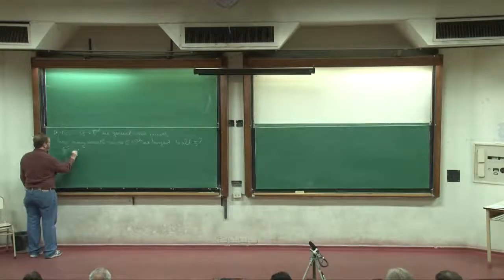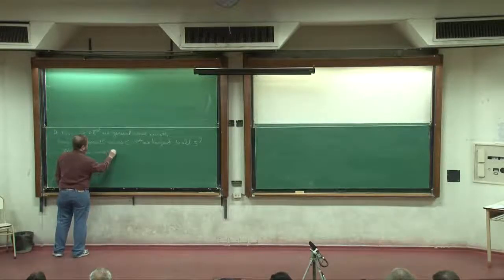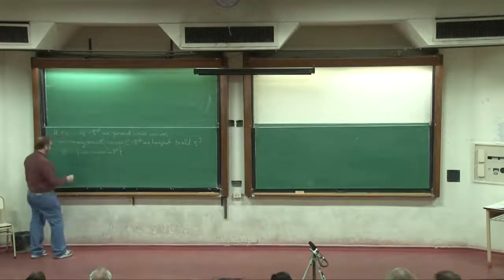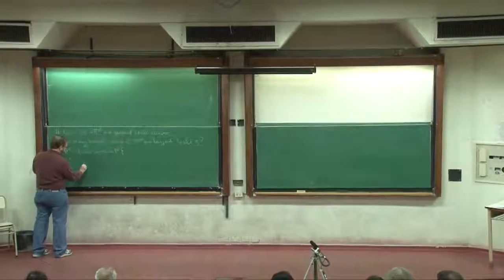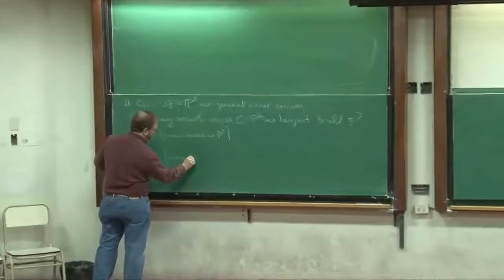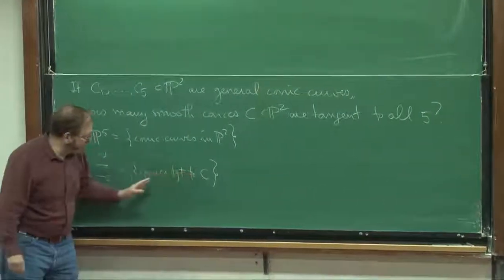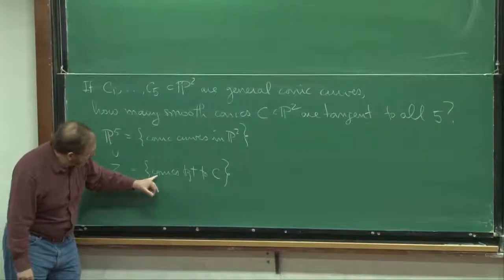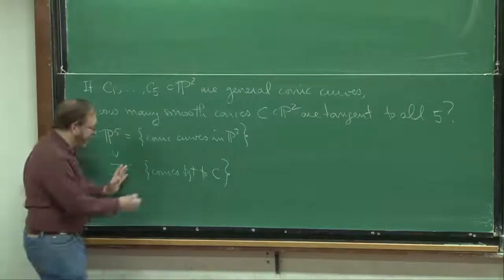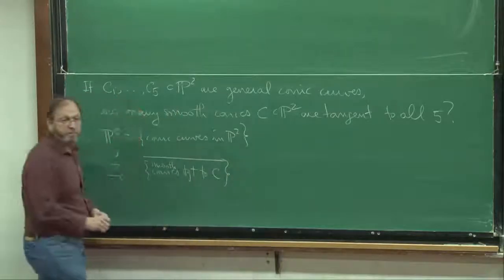We've got P5, the space of all conic curves in P. And inside that, we'll take Z sub C, for any smooth conic C, to be the set of conics tangent to C. As Robin raised the question already, it's not necessarily clear what we mean by saying a singular conic is tangent to C. So what I want to do is take smooth conics tangent to C and take the closure.